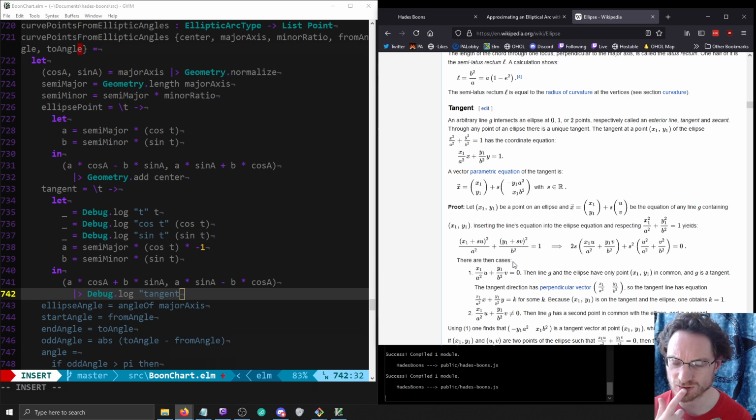Oh, so this is just the length of the line of any line G containing xy. Xy plus a direction vector. So were A and B like the major and minor axis or something?